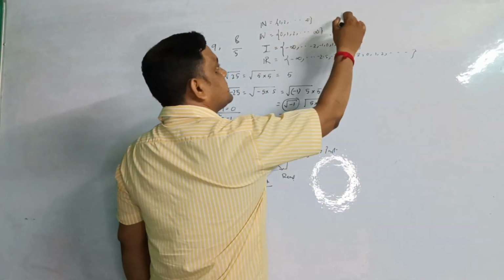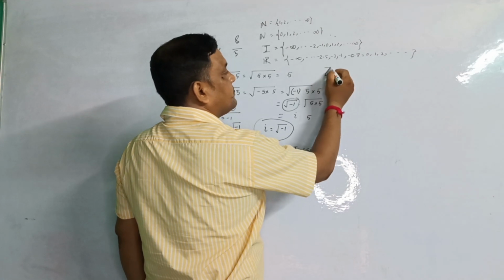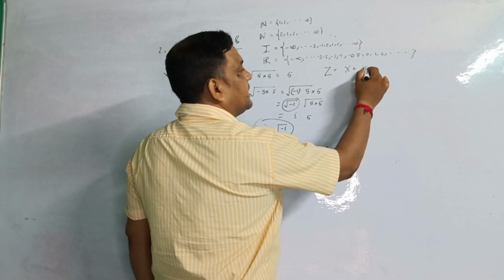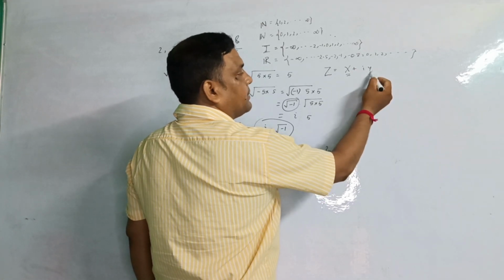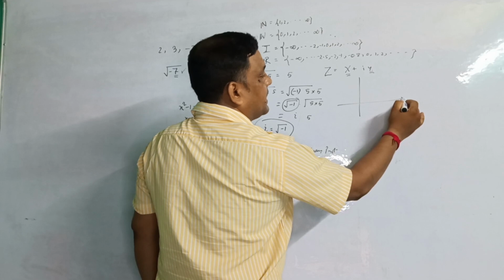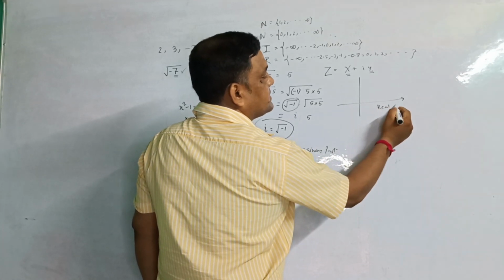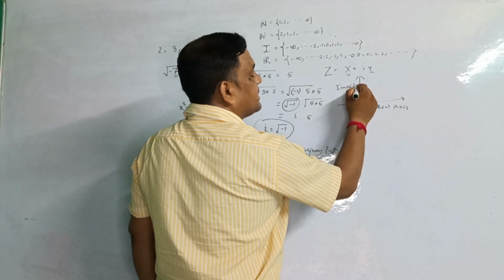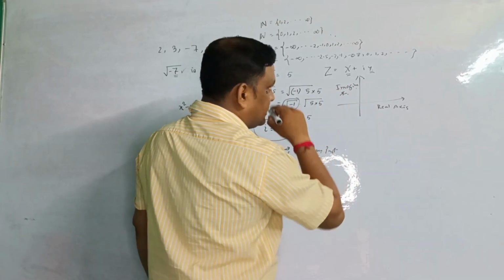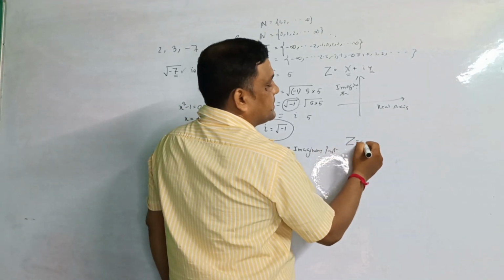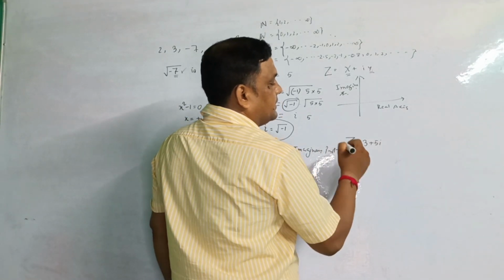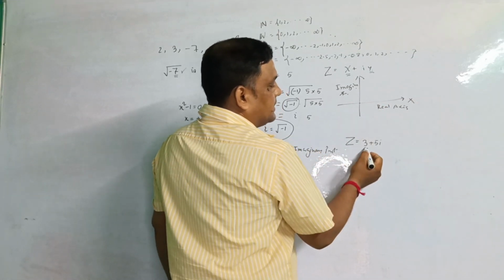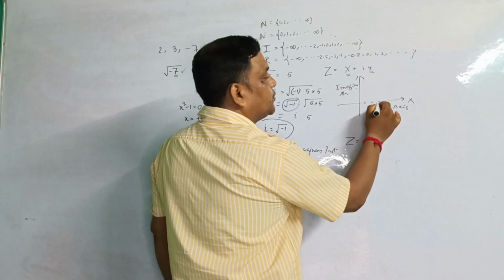Then comes the complex number system, which contains two real parts, where one part is the real axis and another part is the imaginary axis. Suppose I write z is equal to 3 plus 5i, then how to plot it? On the real axis, the x axis, the point coordinate is 3: 1, 2, 3.